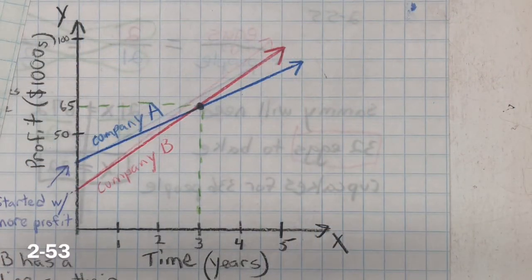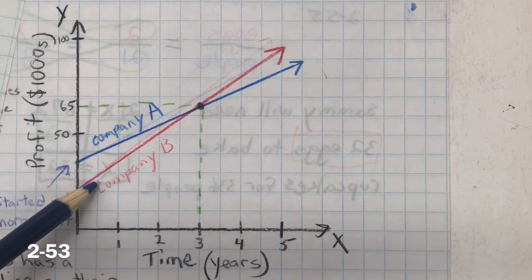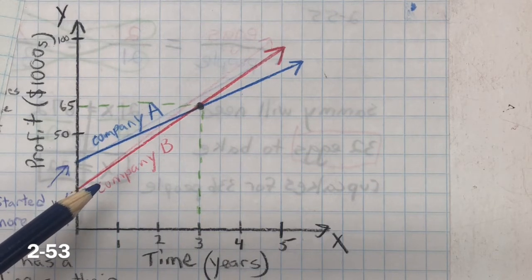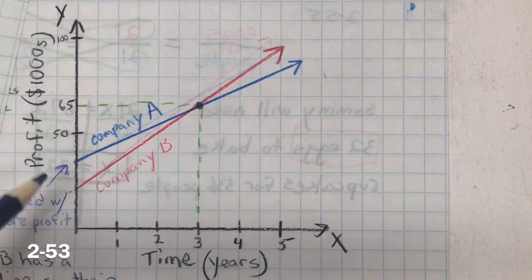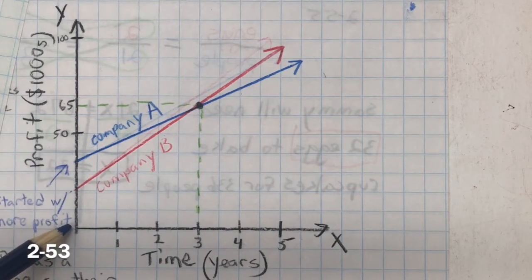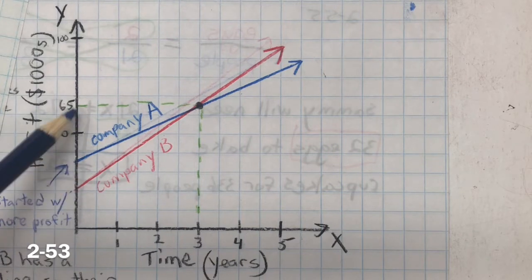For 253, we needed to sketch this graph. If company A started out with more profit than company B, so here's company A and company B, determine which line represents A and which line represents B. Well, this is company A because you can see that here is the profit, and as you increase on the y-axis, so does the profit.